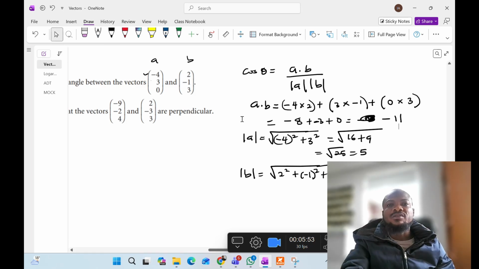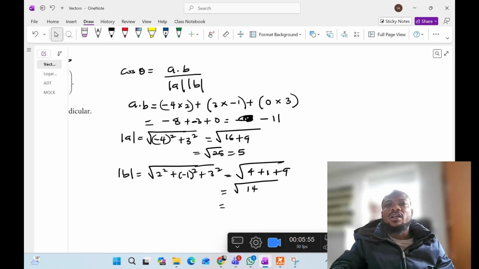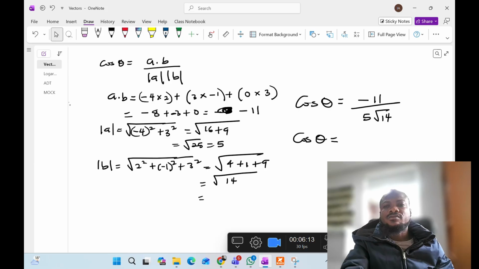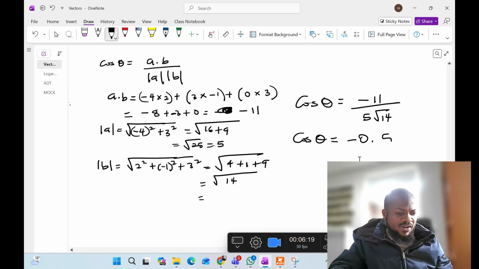That has been corrected. So at the end of the day, we can now find cos theta to be equal to A dot B, which is minus 11, over the absolute value of A, which is 5, times that of B, which is root 14. Then you can use the calculator to find cos theta. So minus 11 over 5 root 14 is equal to minus 0.58797.